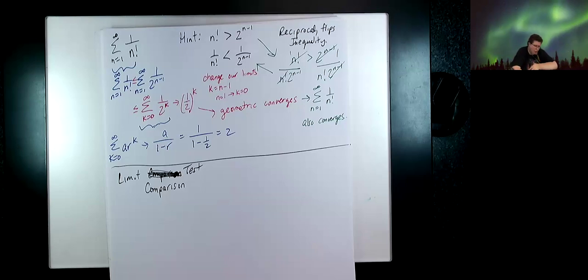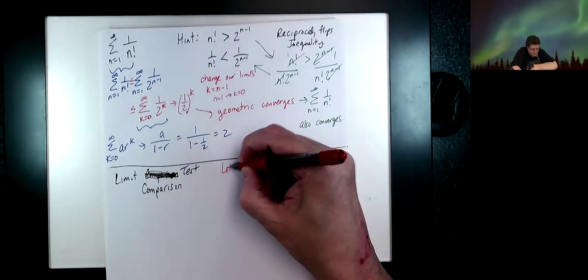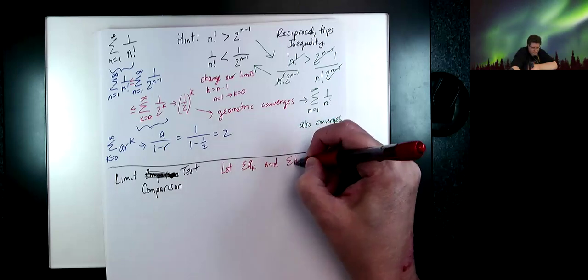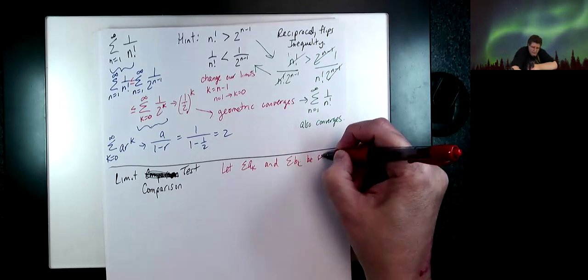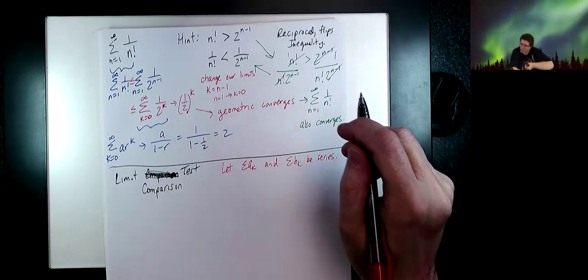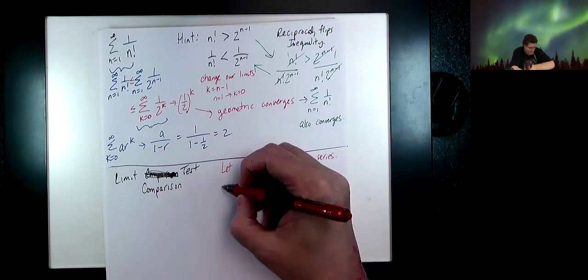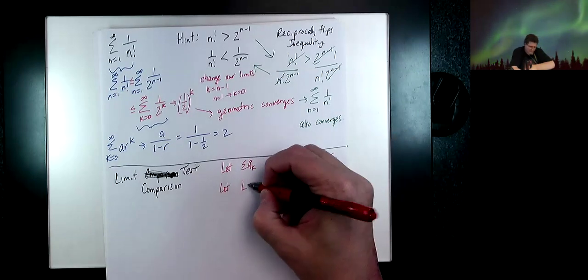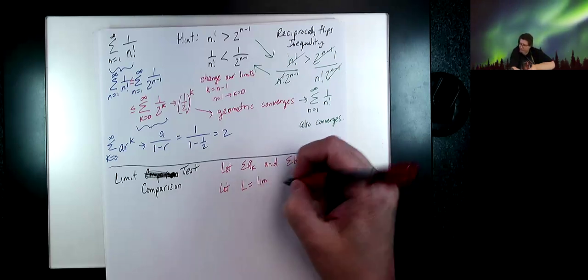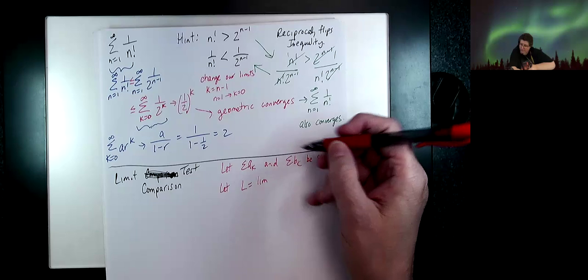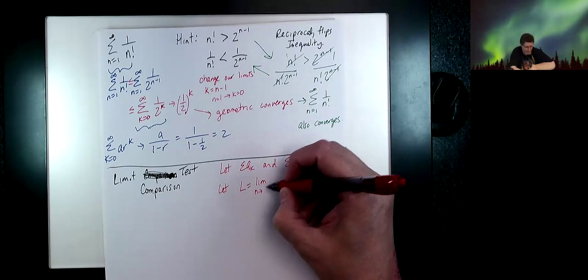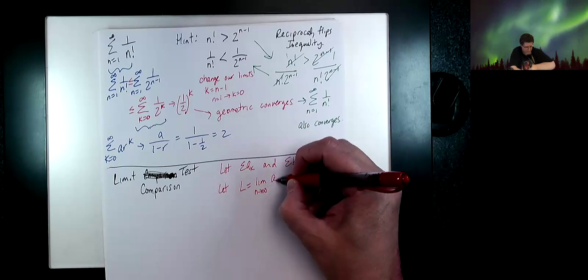So we're going to stick with the whole: let the sum of a sub k and the sum of b sub k be series. And we're going to let L equal the limit as n goes to infinity of a sub n over b sub n.